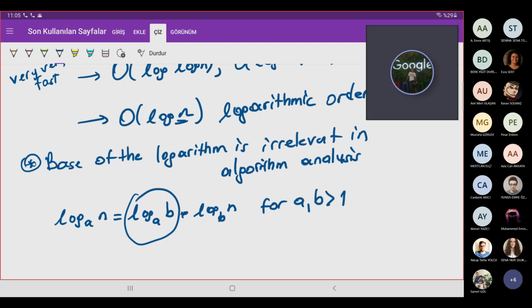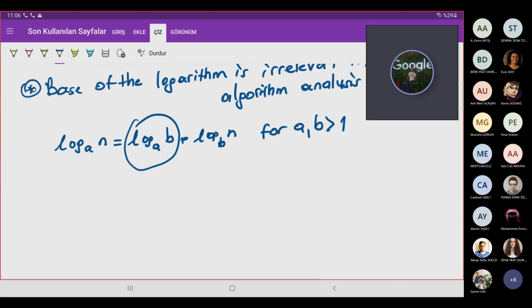This is encountered frequently, constants and log n. Now after log n, the next most frequent is big O of n to the power a, for a between 0 and 1.